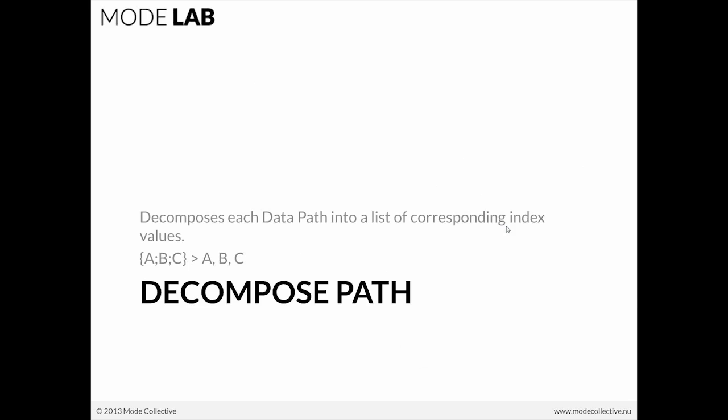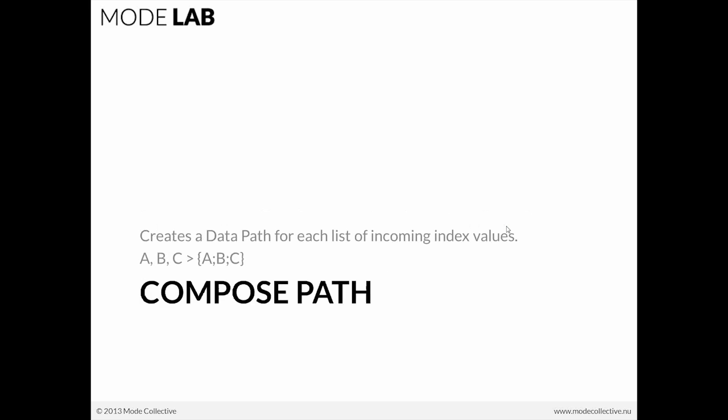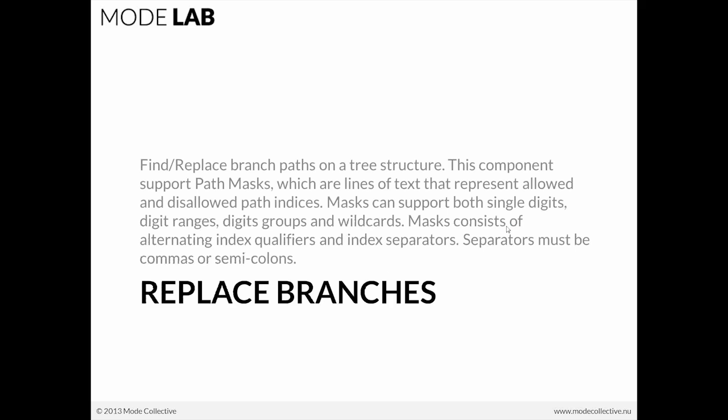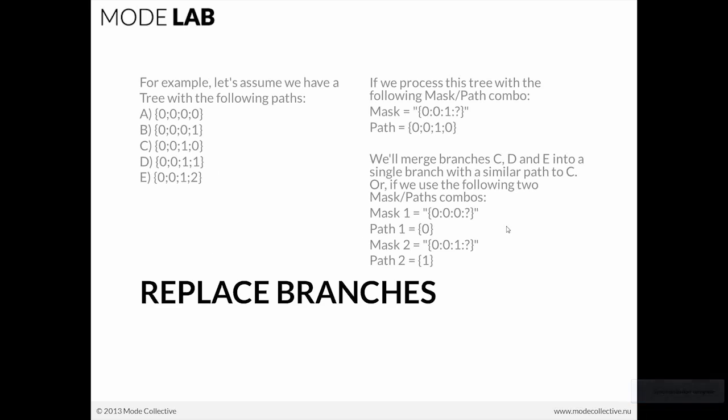All right, so we're going to use the decomposed path again, but we're going to use it as a way to then recompose a new path that is customized for our situation and use that to replace a certain set of branches within a tree structure, right? And this is a little bit more complex because we can do this very straightforwardly.